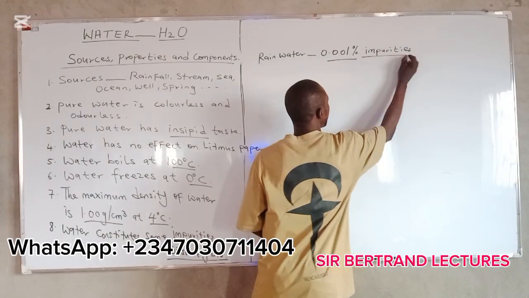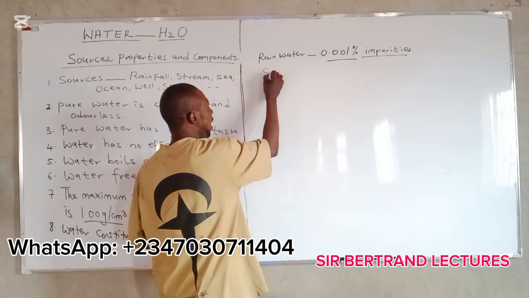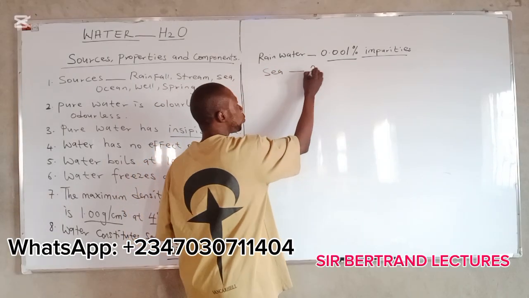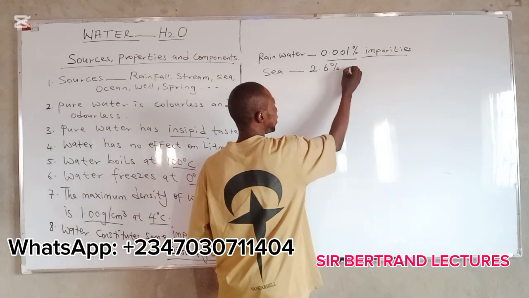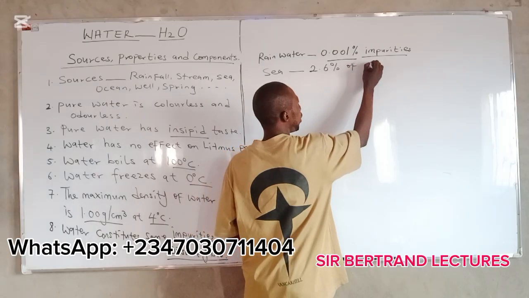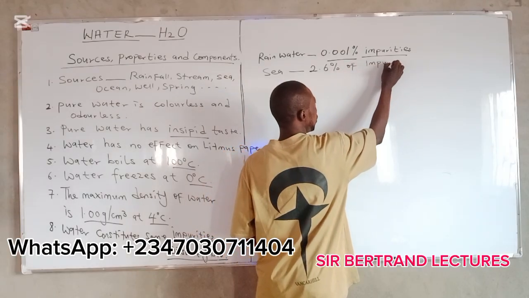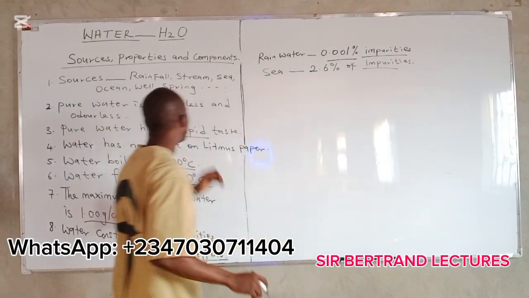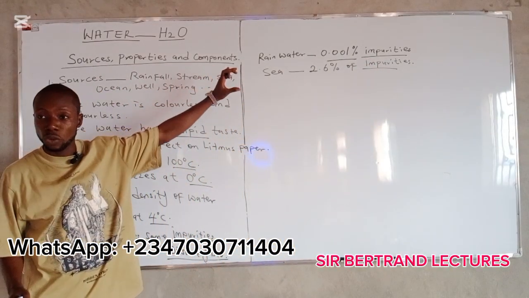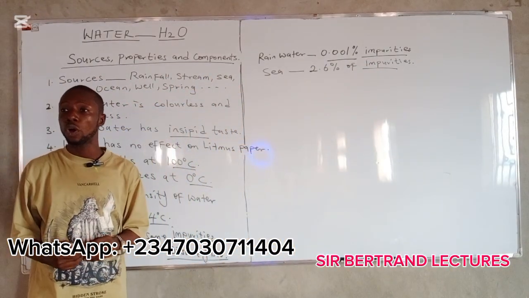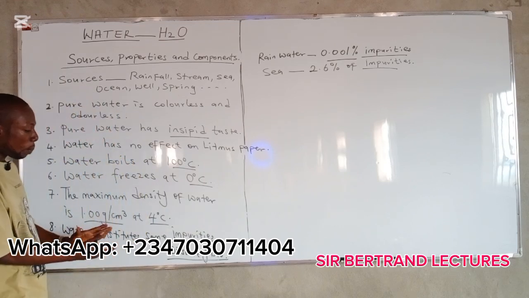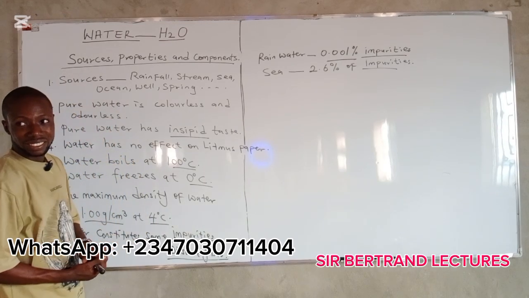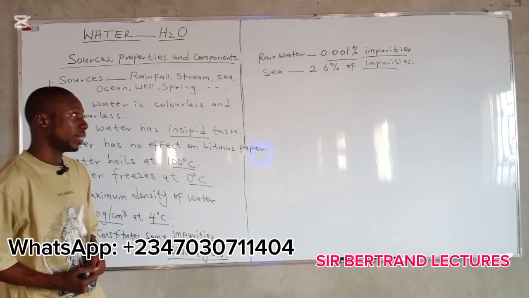While the seawater consists of about 2.6% of impurity. All right? So, meaning that these sources of water are impure water because water comprises dissolved gas, which can be part of the impurities.